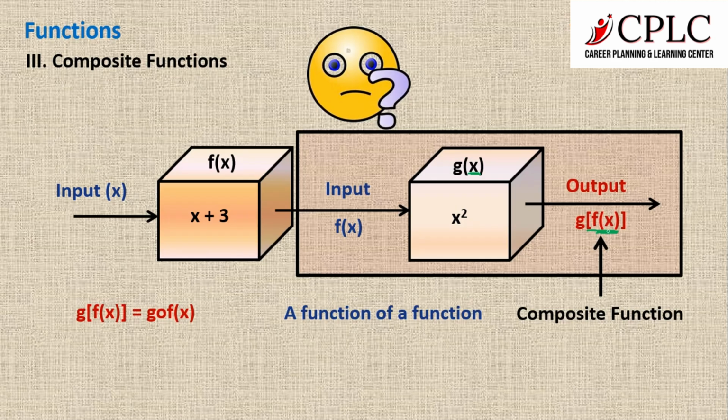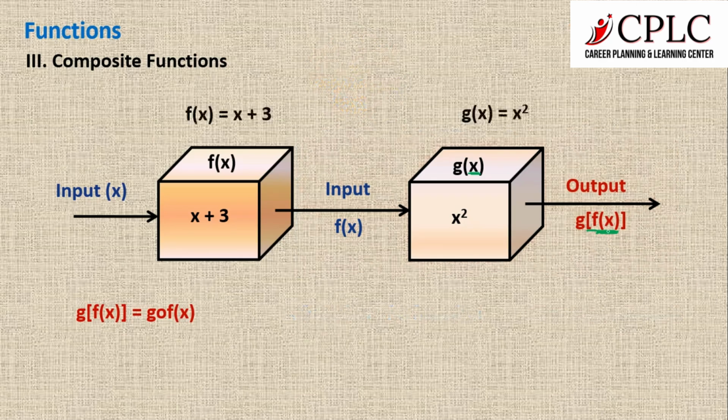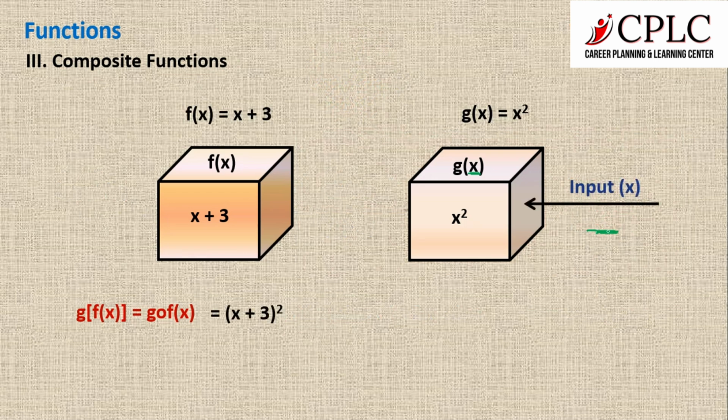Now for all you know, this entire system could have been reversed. As in, f of x need not be the starting point. It could have been g of x, and then f of x the exit point. For example, if we reverse everything, g of x has an input x, and then you get an output y, which is x square, and then this output g of x is connected as the input to the new function f of x.